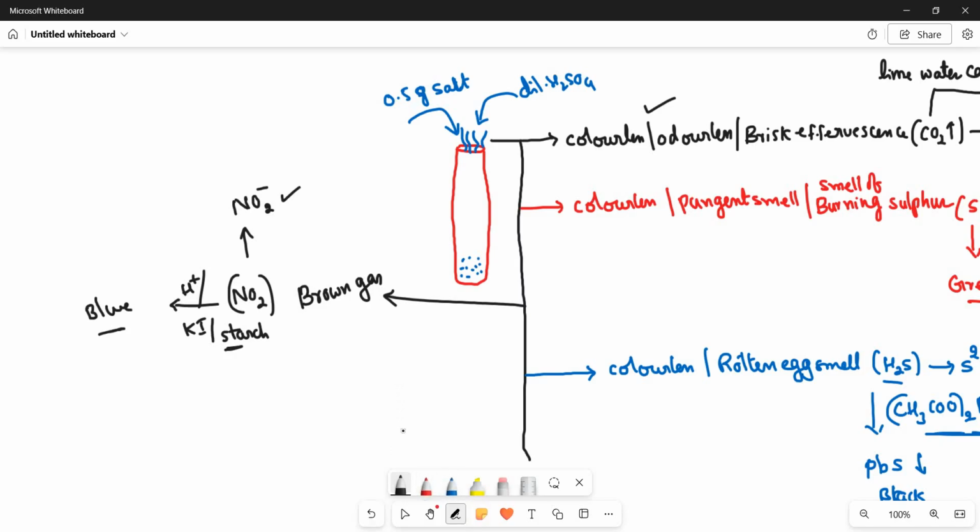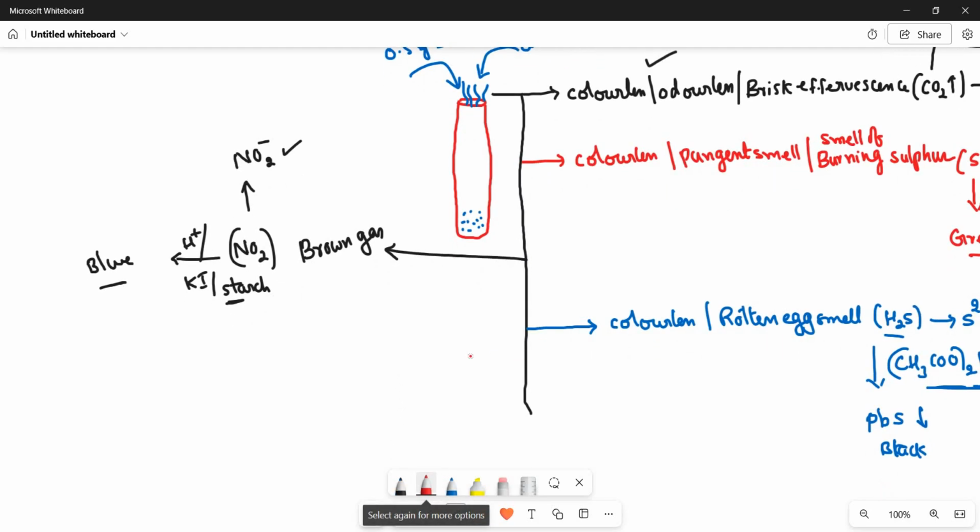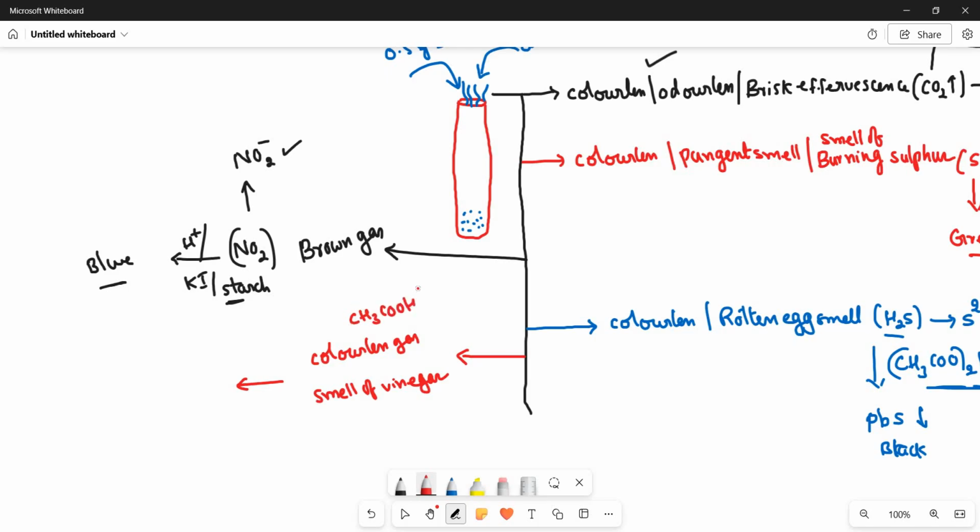And instead of that, if a colorless gas with the smell of vinegar is released, the colorless vapors are due to the presence of acetic acid, and the ion could be the acetate ion CH3COO-.